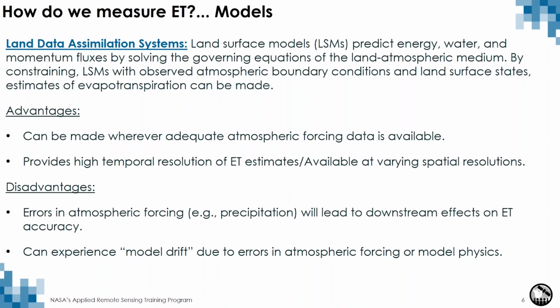of ET. And also, we can experience model drift, and this happens where essentially these errors accumulate. Errors in the forcing or the model physics can accumulate, and we can get to a point where a model becomes biased, it becomes too wet or too dry, and so all these errors and all this uncertainty downstream feeds the additional uncertainties, and especially in this case, the measurement we're trying to model is ET.